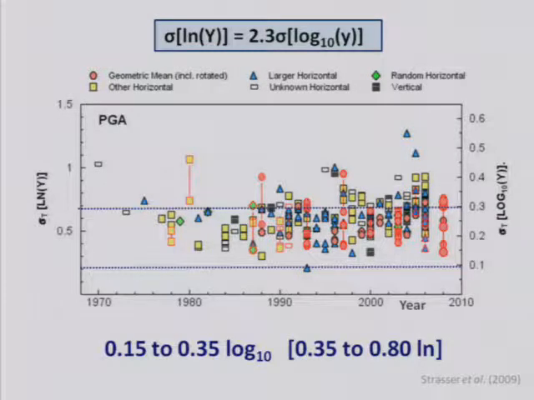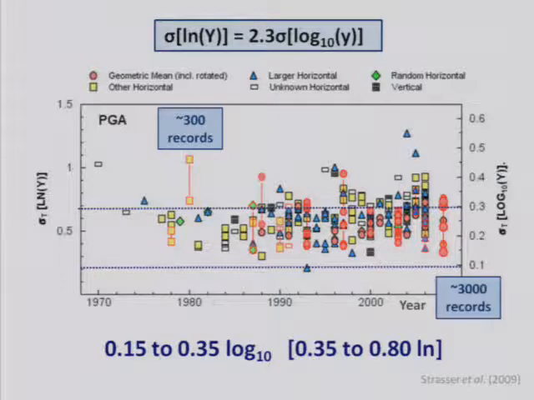The majority of them lie within a certain range, and we typically find the values to lie there. We're surprised if they come out much lower, and disappointed if they come out much higher. And this is despite the fact that we've gone from having about 300 records to work with 30 years ago to having closer to 3,000 strong motion records from shallow crustal regions at our disposal today.